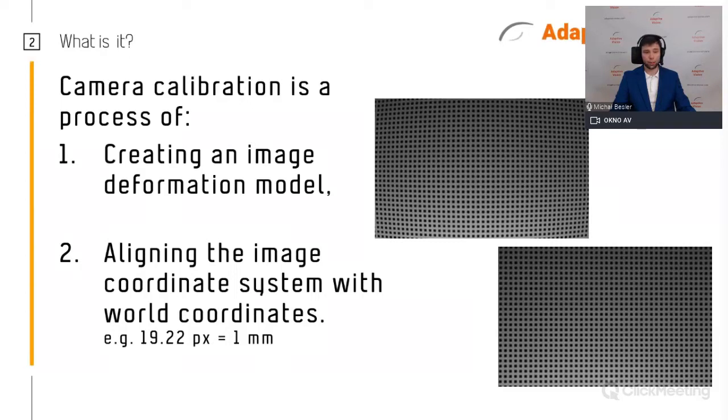During or after that operation, we have to find the conversion ratio between pixels and millimeters, so that we can say that, for example, for 1 millimeter, we have over 19 pixels.